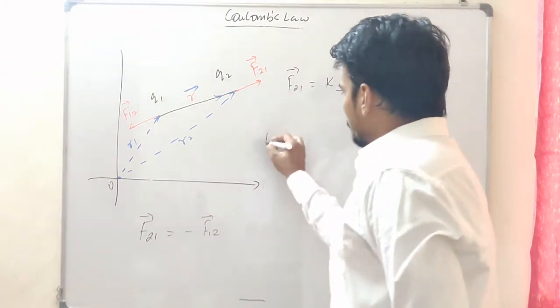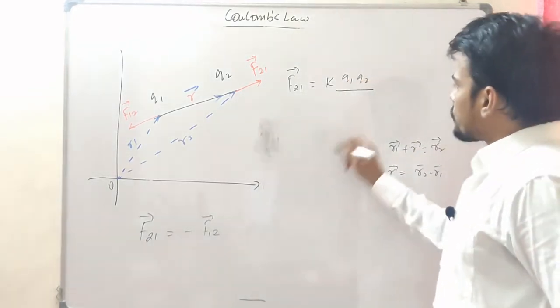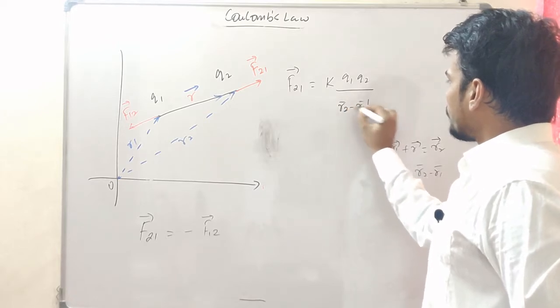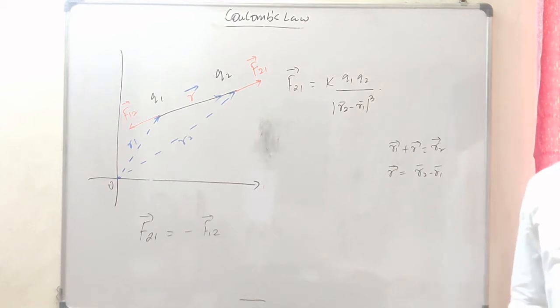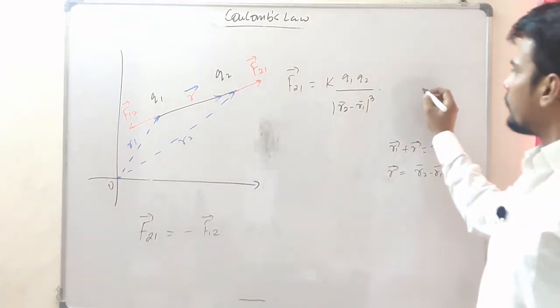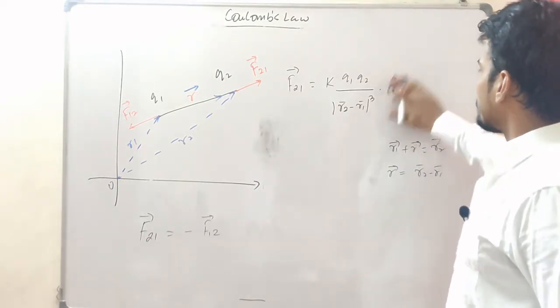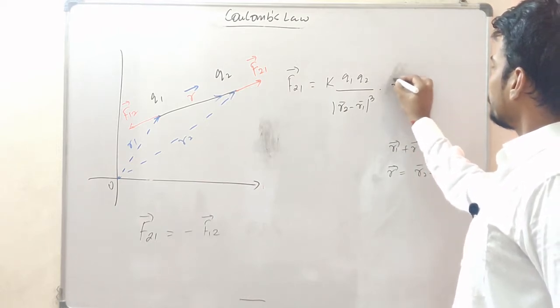So here we have F21, which should be equal to k q1 q2 over the magnitude of r2 minus r1 cubed, right? Simple as that. I'm going to put this r vector over here, which is r2 minus r1.